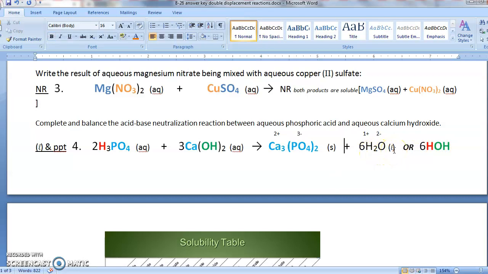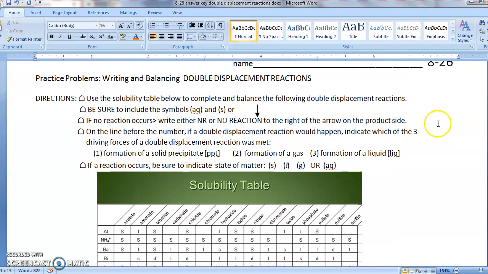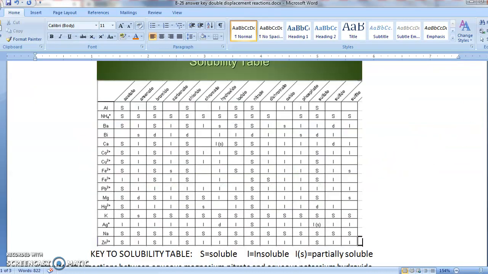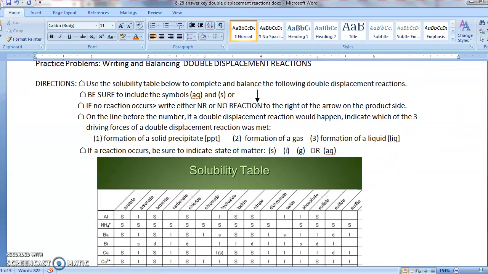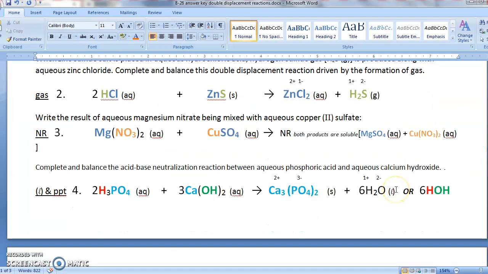Water is a liquid. So another driving force of double displacement reactions is the formation of a liquid. The liquid is HOH. So we have two conditions being met. We have two driving forces in this reaction, the formation of a liquid along with the formation of a solid precipitate.